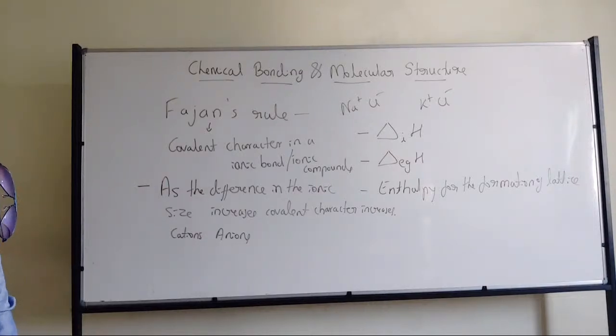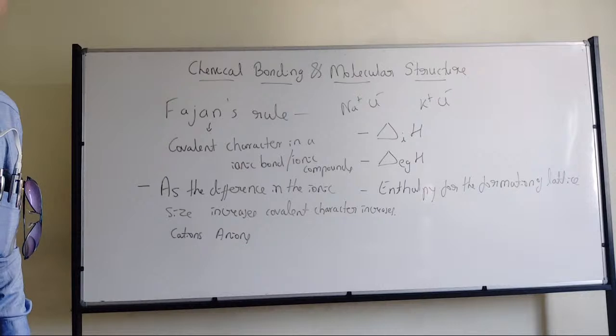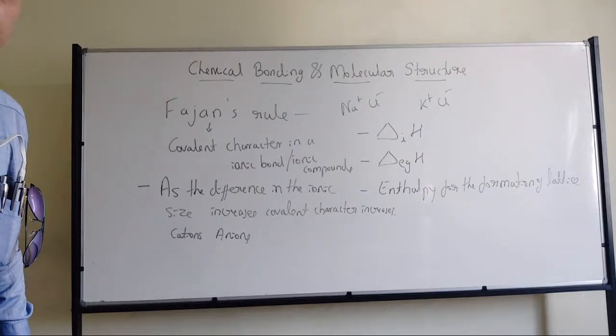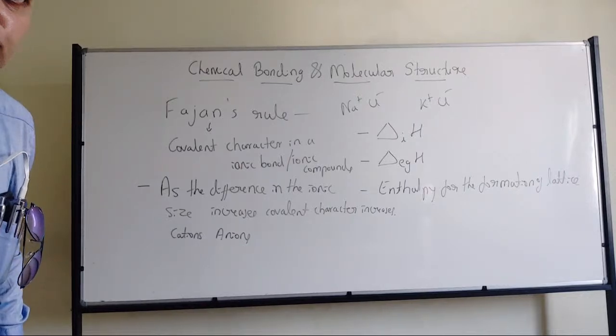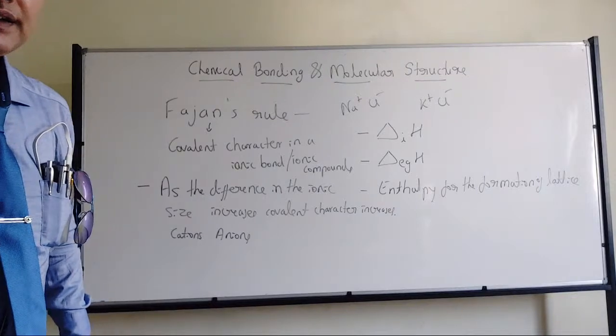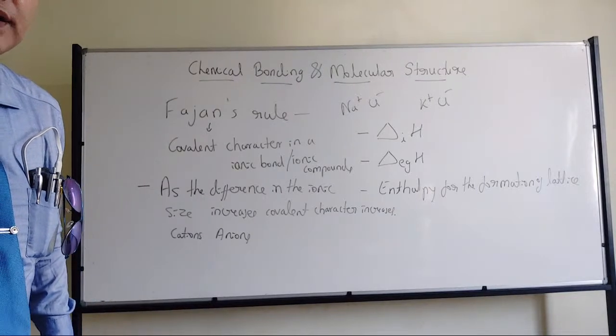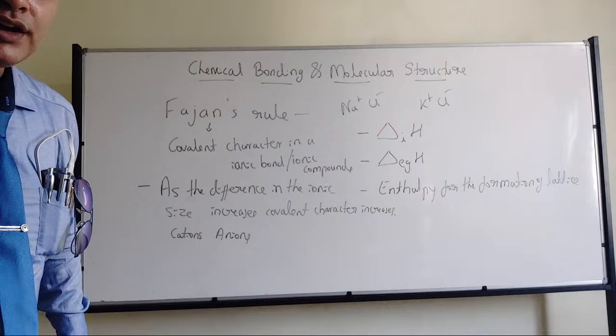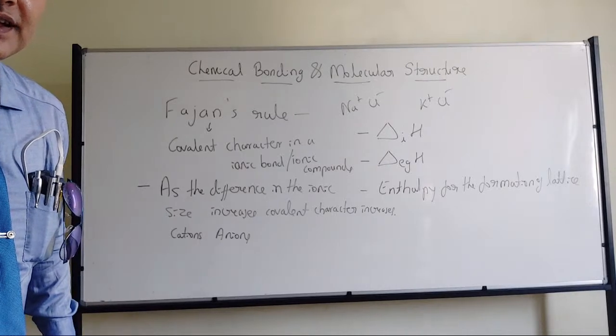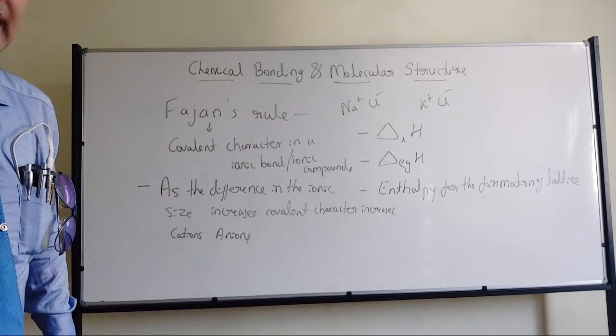Anion or cation? Okay, Rohan and Dhanush, you are telling cations will have the high ionic radius. Yes, good morning Dikshit. So which will have the larger ionic radius, cations or anions?